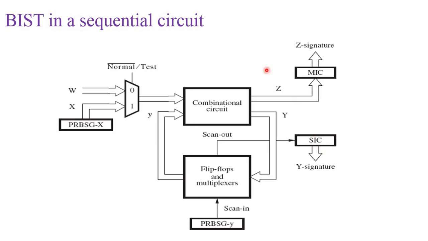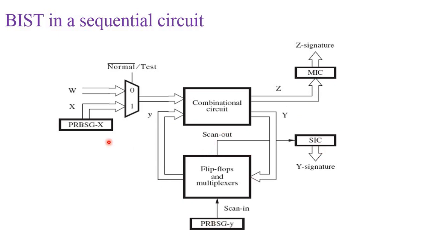After checking all these operations, we can verify the test results. That is the multiple input compressor circuit and the single input compressor circuit. If these two are equal, then the test is over. If these two are not equal, then a fault must be present in the sequential circuit.